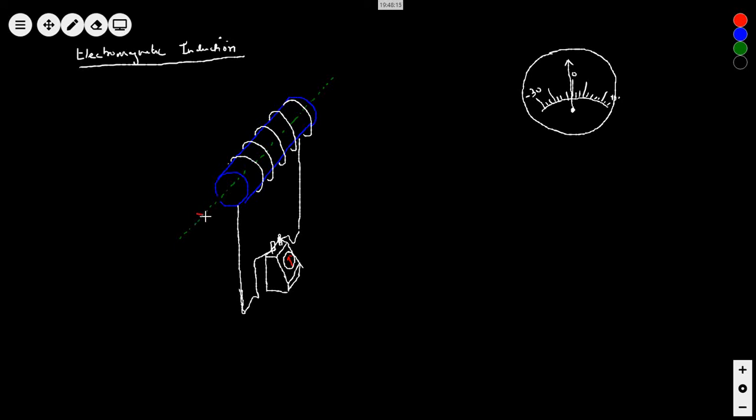We have a bar magnet, this side being north, this side being south. This is Michael Faraday's experiment.